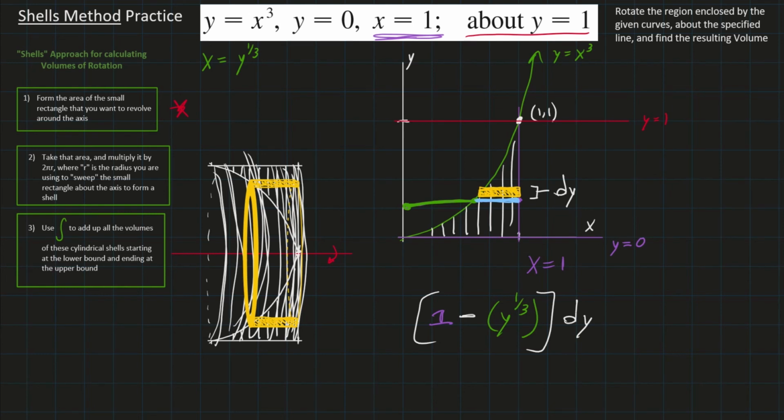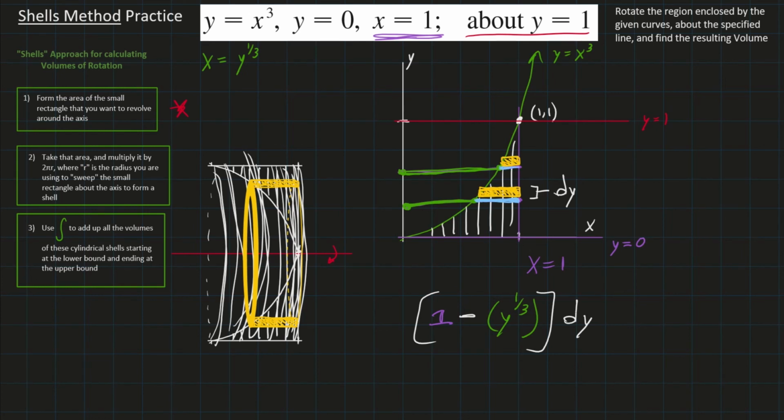I might just test this equation in one more spot just to make sure it works. Maybe for this tiny rectangle right here, I'm going to do 1 minus the x-coordinate of this green point right here that y to the 1/3 is giving us. And yes, looks like it's going to work again.